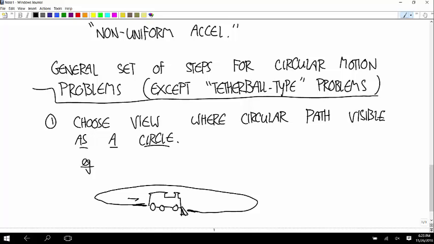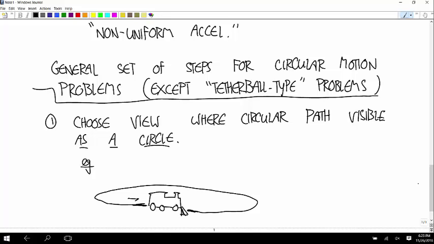So when you're going to do a problem like this, even if the problem shows you a picture like this from the side, this view doesn't show the path as a circle. You know what I mean? So what you want is either a view from above looking down, or from underneath looking up, where the view that you see is a circle.